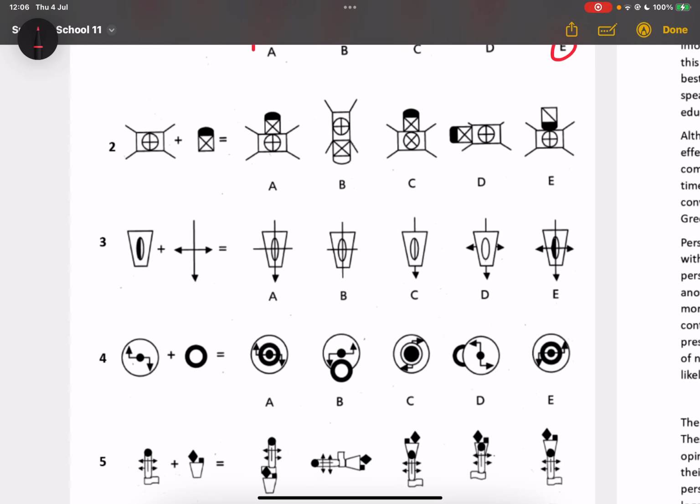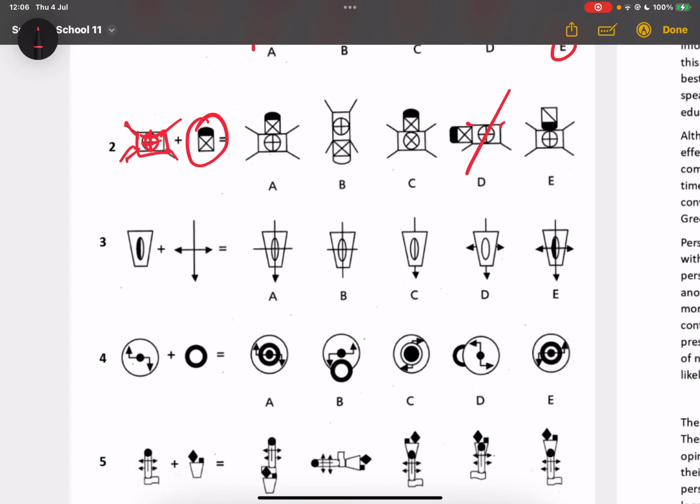Next, we have a rectangle with a circle in the middle and then a cross and then 4 diagonal lines on the side. So that is present in each of our shapes except for D because these 2 lines are too short. Next, we're going to be looking for this shape.